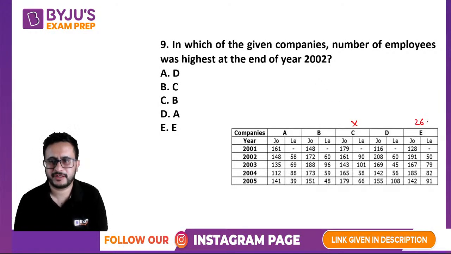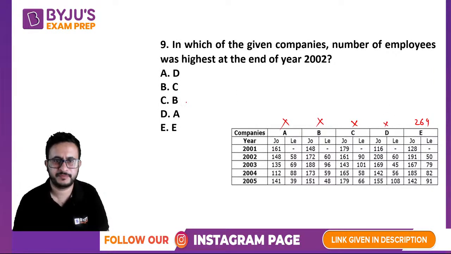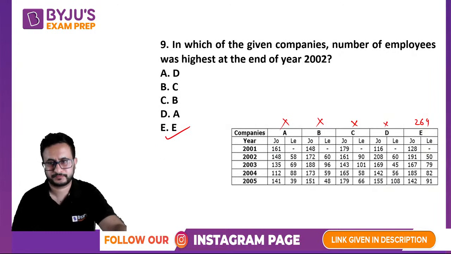E we already know the value as 269. Okay, this is 90, 251, not the highest. This is coming as 112, that is 260. Okay. And this is coming as 148, 264, right? So E में ही highest होगा.